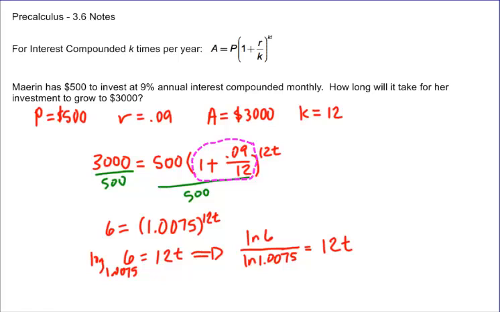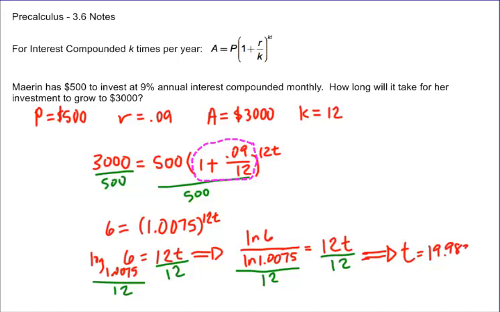And then whatever you get on either one of these, we have to divide both sides by 12 to get the t all alone. So no matter what you do, you're going to end up dividing by 12. So the ultimate thing that we end up with is that t is equal to 19.983 years.